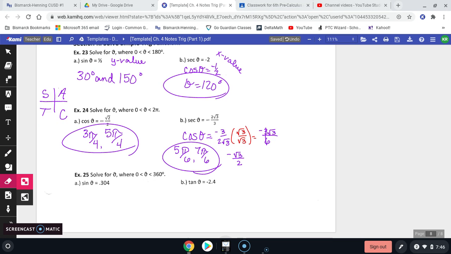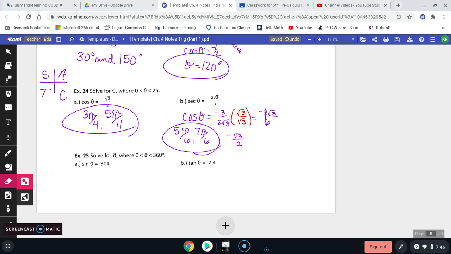Okay, so now 25, I'm not going to be using my unit circle on this one because it's given to me in decimal form, and everything I have on my unit circle is exact form, and it's not like a 0.5 where I know that's a 1/2. So this is just going to be a random angle measure somewhere on my circle.